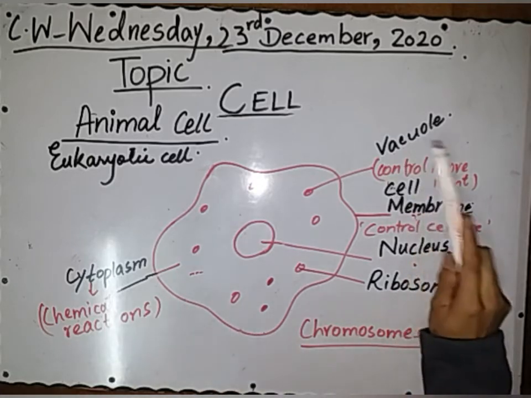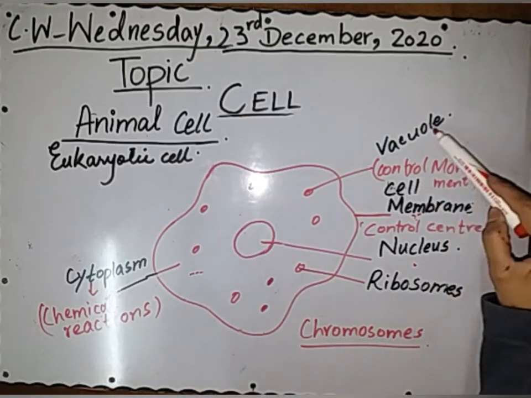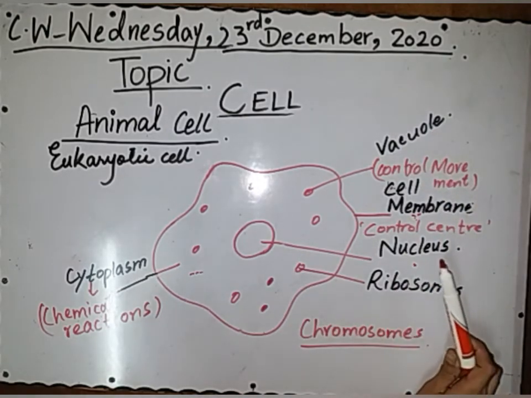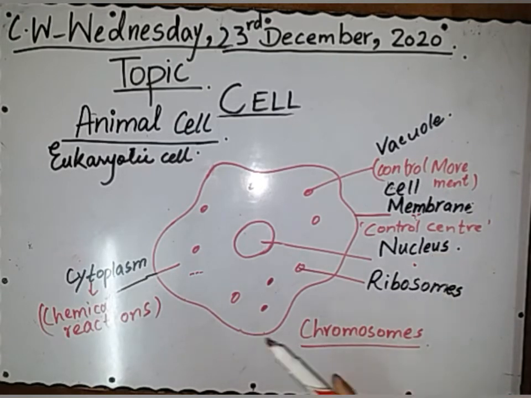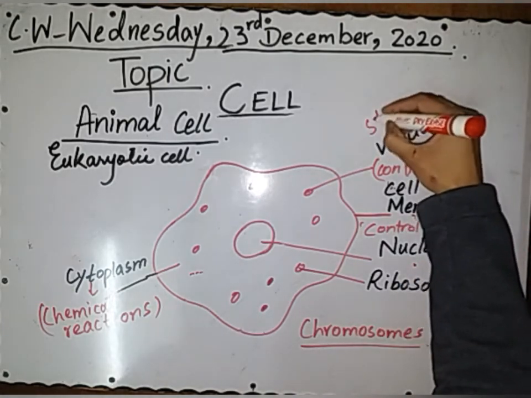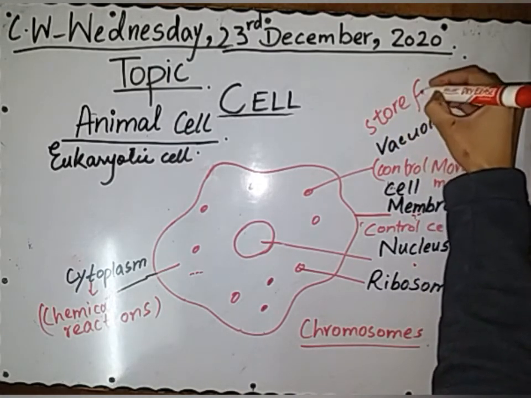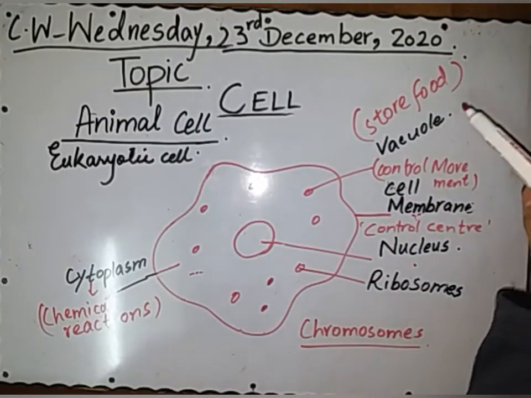Next structure is vacuole. Student, vacuoles are small and numerous in animal cell. Vacuoles in animal cells are tiny spaces containing air, liquid or food particles. It stores food. The function of vacuole is that it stores the food.